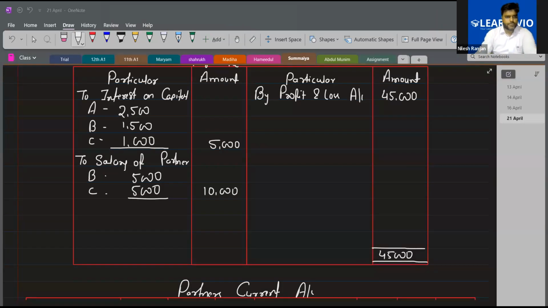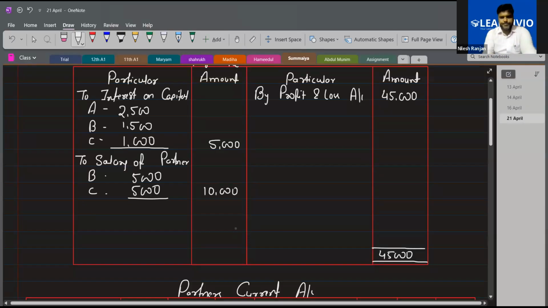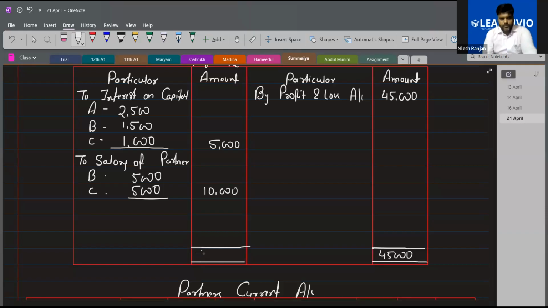This balance will go in partners' capital.